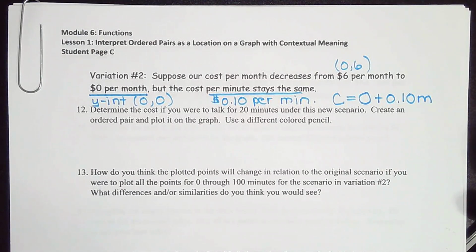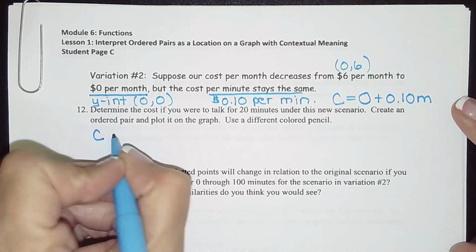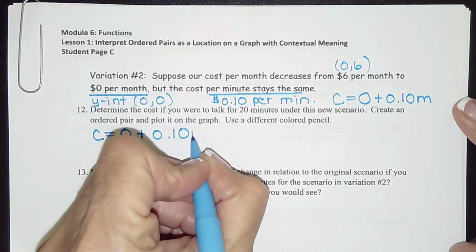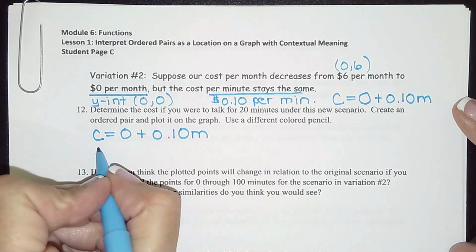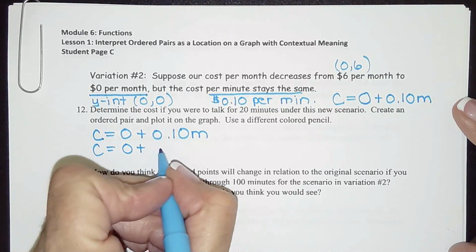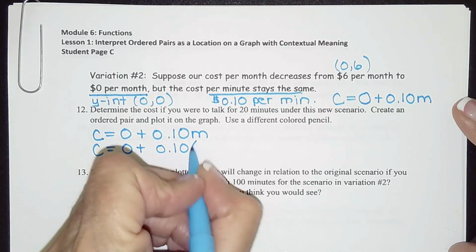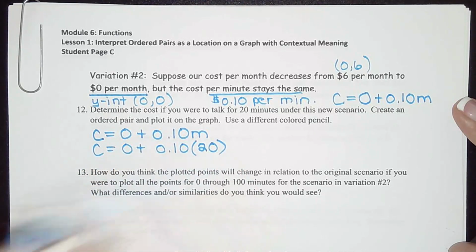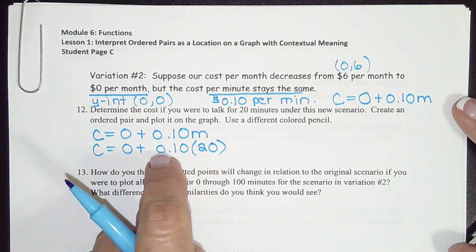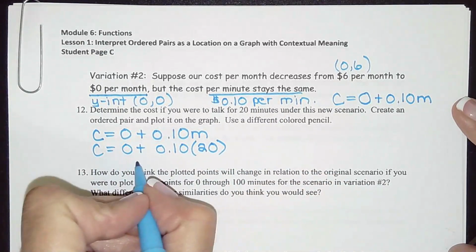So if you were to talk 20 minutes under this new scenario, C equals 0 plus 0.10 M, and we're going to put 20 minutes in. 0 plus 10 cents per minute for 20 minutes. And we already said this is 20 dimes. 20 dimes is $2. So this cost would be $2.